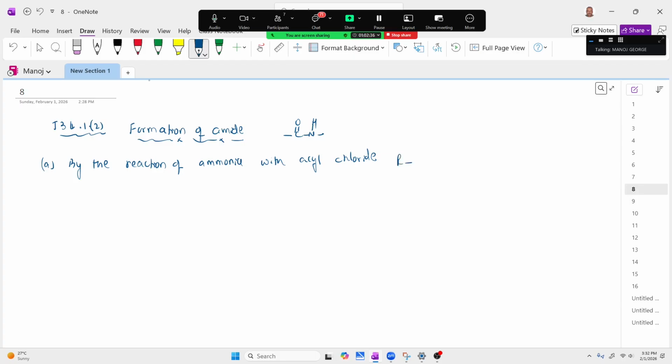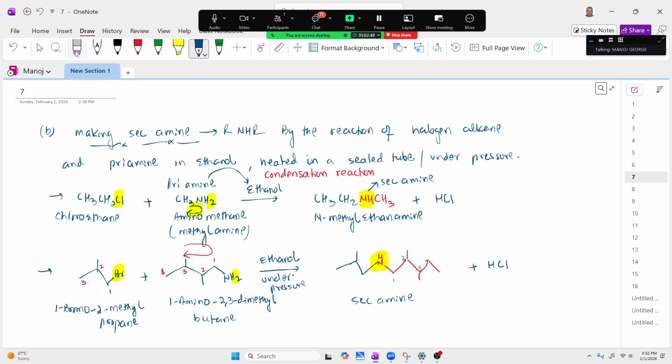Acyl chlorides, they look like this. Okay, let's have a look at some examples. Is my product not okay? Oh, product is HBr. Thank you.